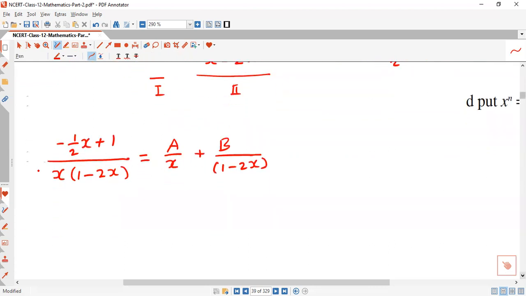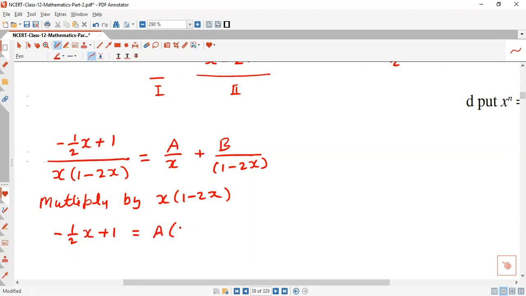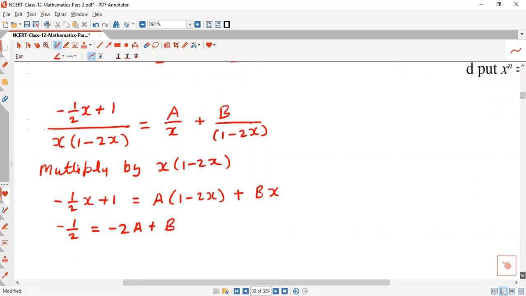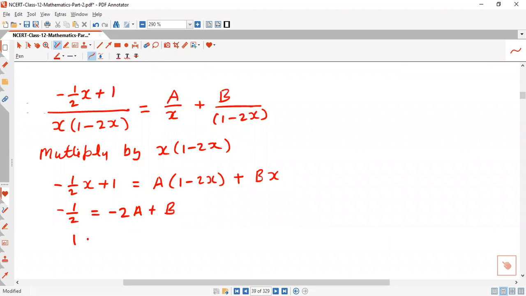Now multiply by x times 1 minus 2x. We get minus half x plus 1 equal to a times 1 minus 2x plus b times x. So we compare the coefficient of x: minus half equal to minus 2a plus b, and the constant: 1 equal to a.